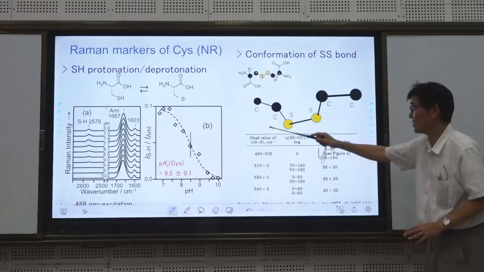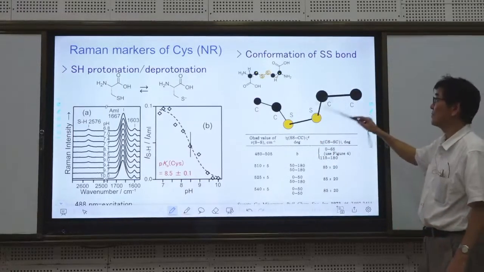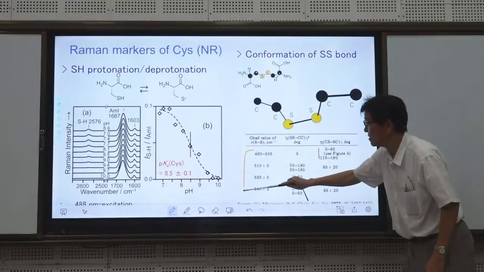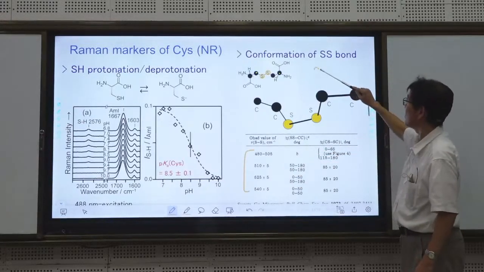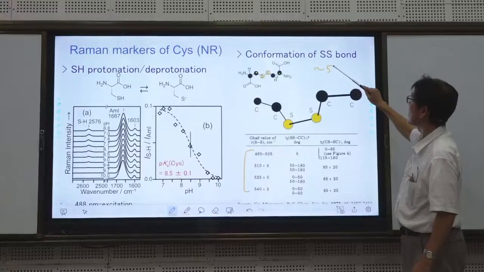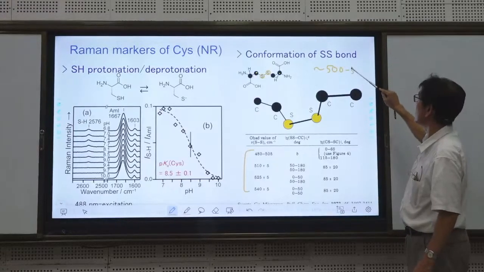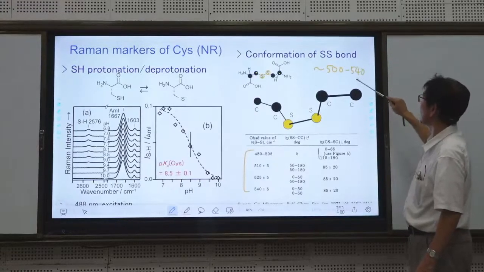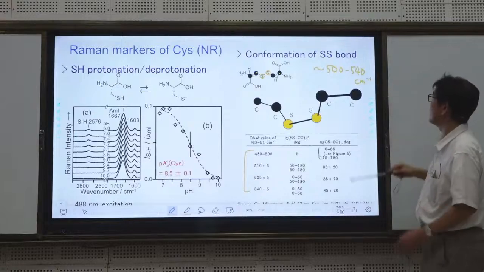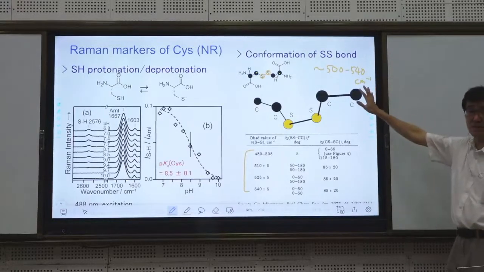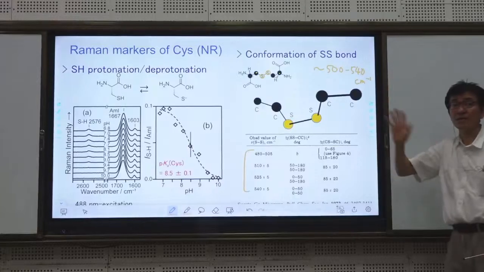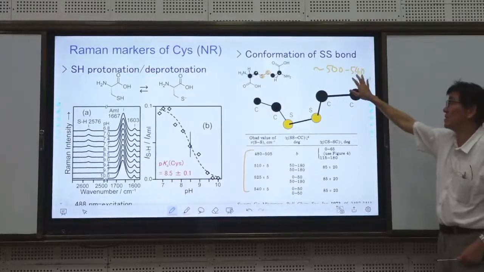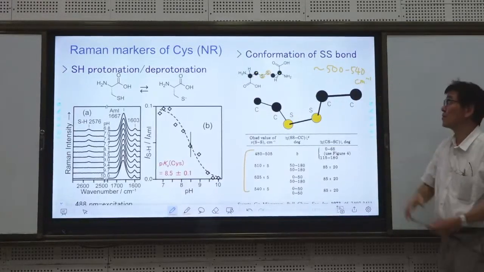So I skip the details of this table, but the SS bond near 500 to 540 wave number is very characteristic, and there is no other peak in this region in principle.